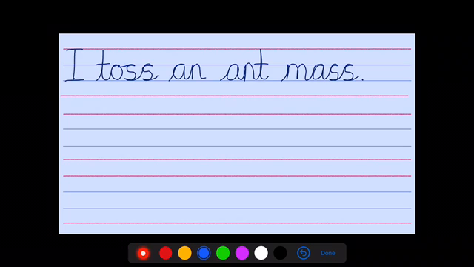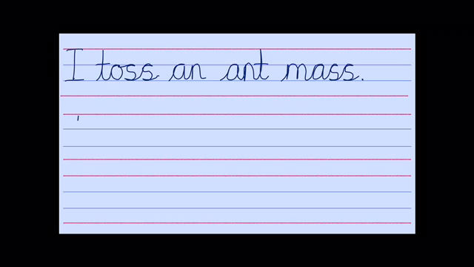And here's our last sentence. Miss sits on moss. Pause it again if you'd like to. Miss sits on moss. Miss, it's a title this time, so I need a capital m.